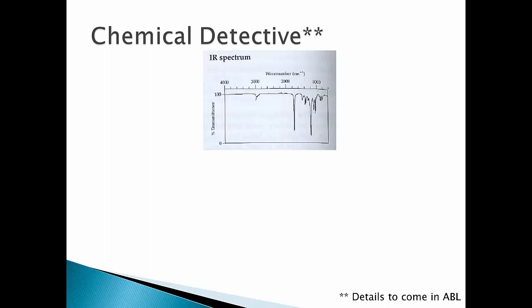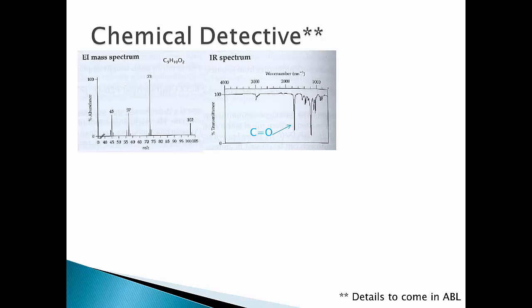Okay, so you'll do similar problems like this in ABL. So you'll be given an IR spectrum, you look at it and you go, okay, that's a carbonyl peak in that molecule, and then you'll be given a mass spec, and you'll say, okay, well that's the mass of that particular compound.